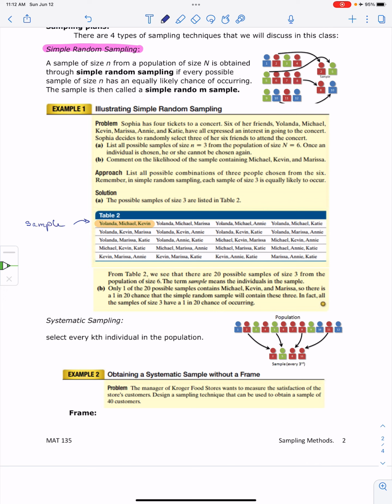In this case, each group of 3 is equally likely to happen. We've created a table that has every possible combination of 3 of her friends. Okay, so each of those 3s is called a sample. The entire thing together is our sampling distribution.